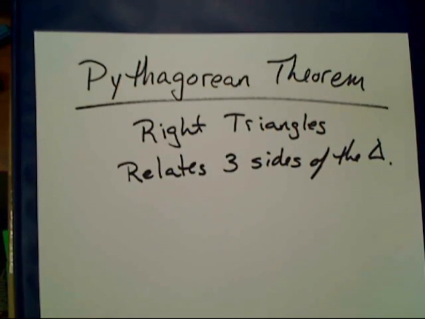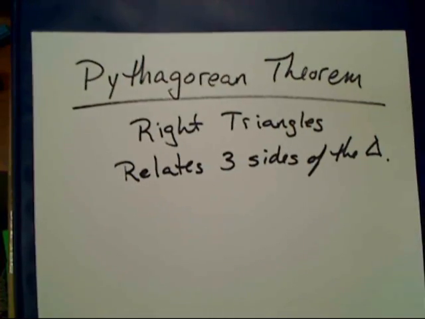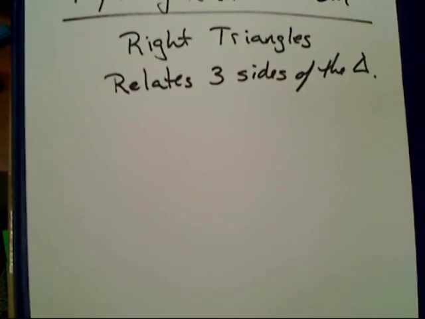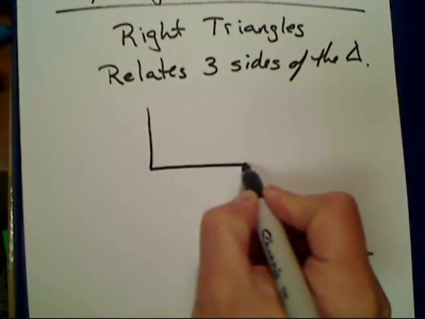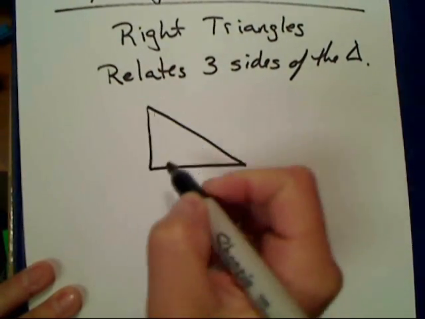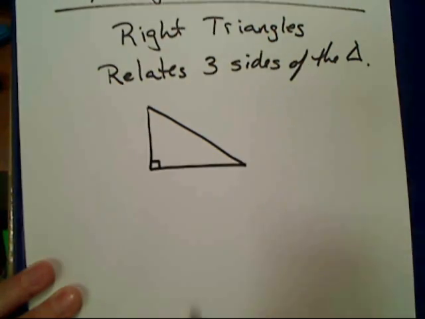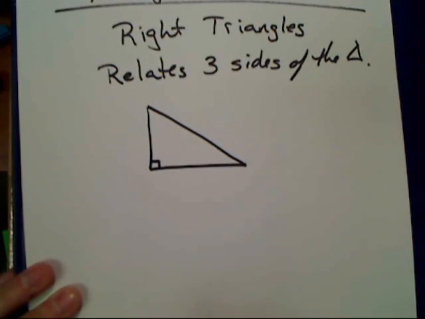So it relates the three sides of the triangle. Now, what is a right triangle? Well, a right triangle is a triangle that has a right angle. What's a right angle? A right angle is a 90-degree angle. It's indicated by having a little square in it. That is a right angle.